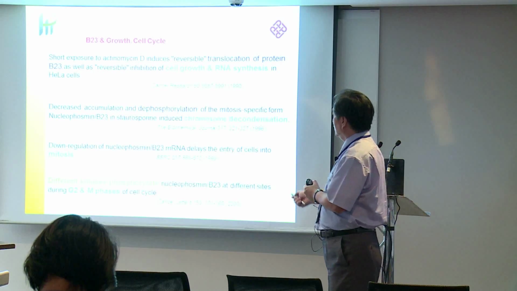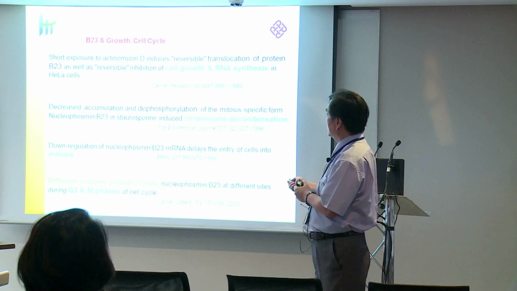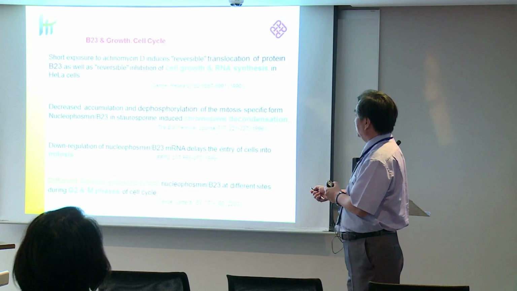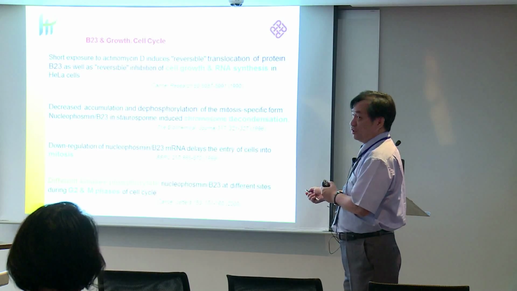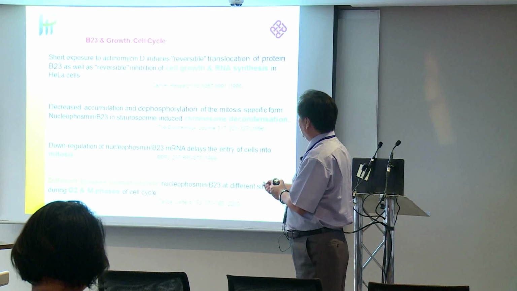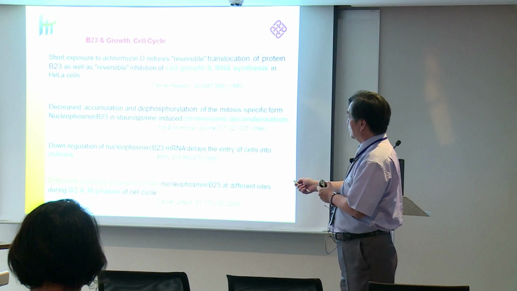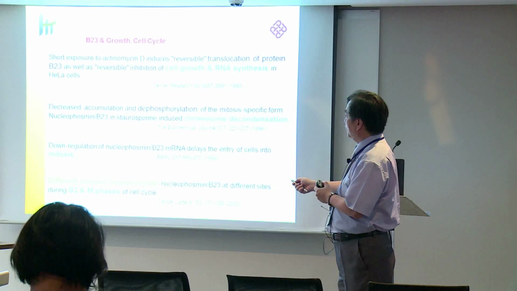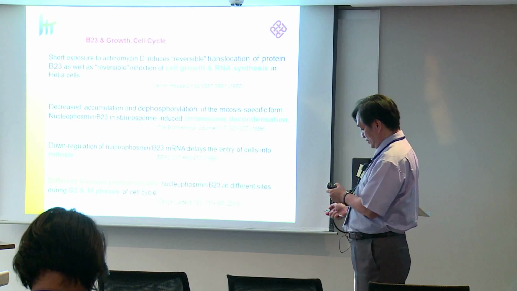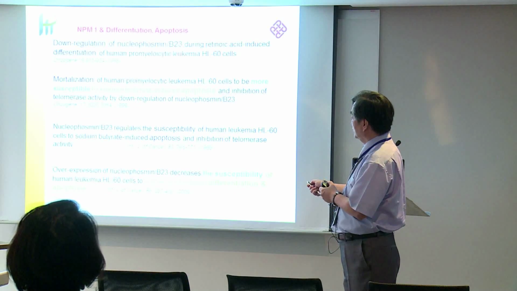Since I became an independent faculty member at Chang Gung University in Taiwan, I continued my study on B23 after my training at the Department of Biochemistry at Stanford, and I tried to study the biochemistry of this protein. This protein, also called B23, nucleophosmin, NPM, is involved in growth and cell cycle regulation, and also induces differentiation and apoptosis.